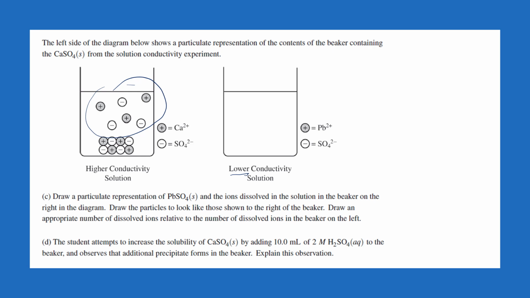So you try to draw it in the same way as much as possible, but I'm going to make there be more solid particles. And then you should try to shade in the positive ones because that's how they did it on the key. And you will have fewer that are ions.